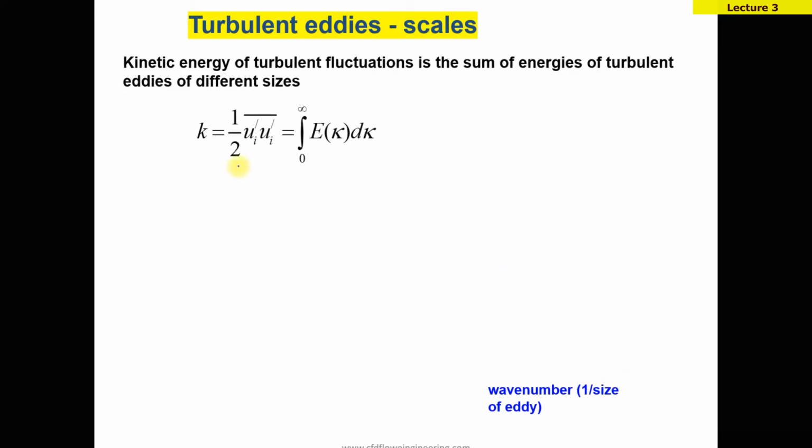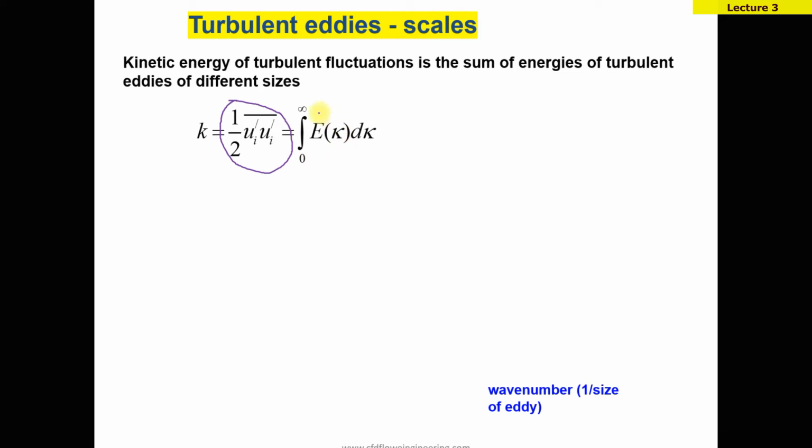Turbulent kinetic energy is equal to the sum of the total energy possessed by all the eddies.